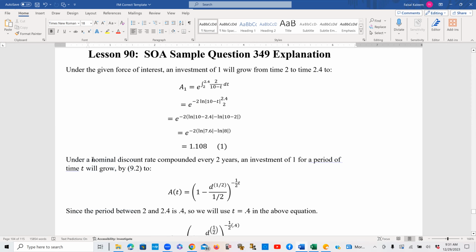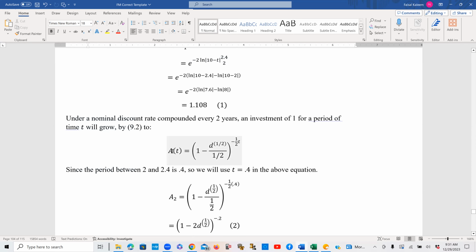Now we have to calculate the nominal discount rate compounded every 2 years. By our 9.2 equation, which you can review in lesson 9 if you forgot about it, the formula is A of t equals principal times (1 minus d to the m over m) power mt. We are taking the principal to be 1.